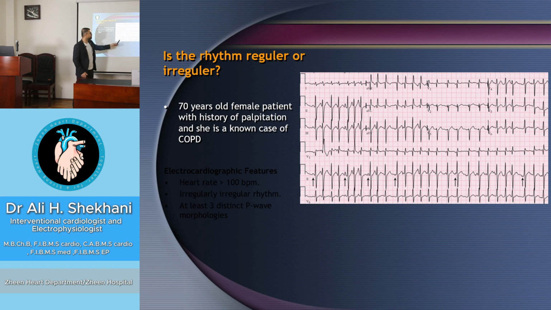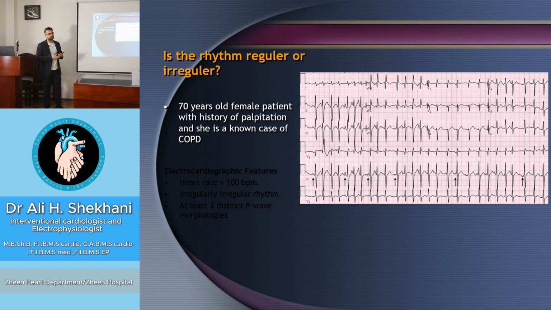But the P waves differ in morphology. This P wave is different from this P wave, so different shape P waves. And the patient has COPD. Usually this is a multifocal atrial tachycardia, frequently seen in patients with COPD or chest infection sometimes.